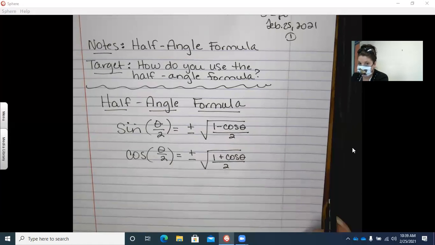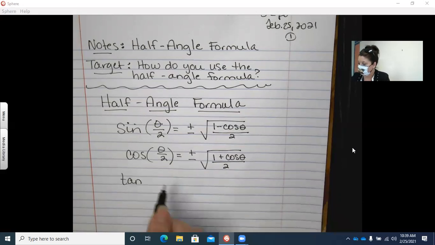And then tangent of theta divided by 2 actually has 3. One of them is positive or negative, the square root of 1 minus cosine of theta, quantity divided by 1 plus cosine of theta.